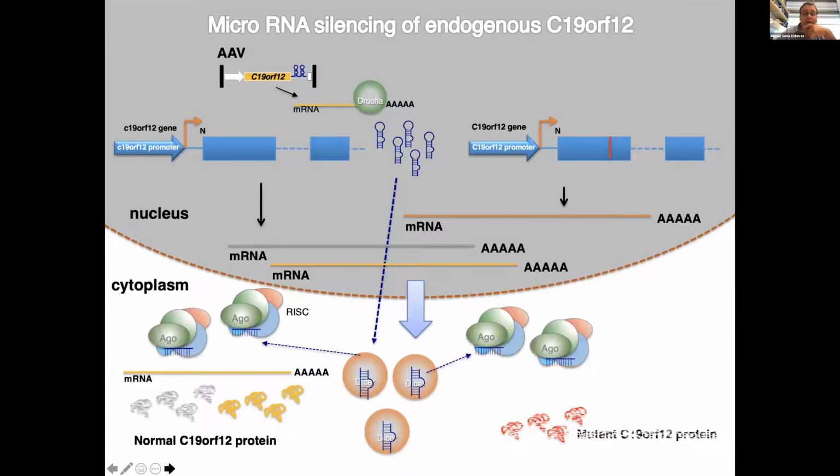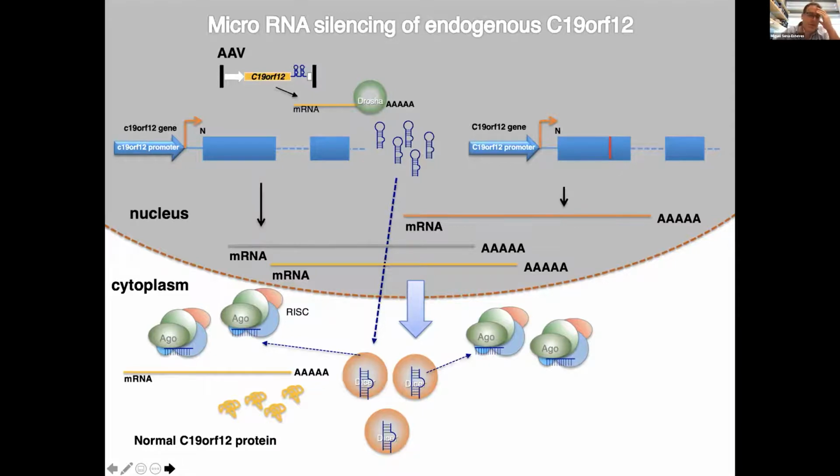And what you'll have, in fact, is that you will continue to make normal protein, but you now have degraded the mRNAs from both endogenous alleles that you are trying to replace with the one that you're bringing in with the AAV vector. So the advantage of this is developing allele-specific silencing. It's possible, actually quite difficult as a matter of fact. A lot of people are working on it.